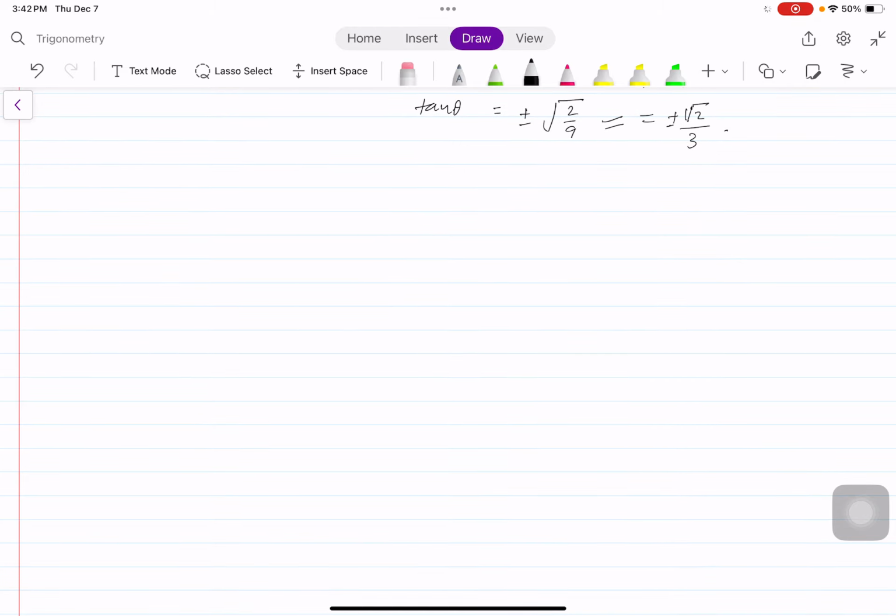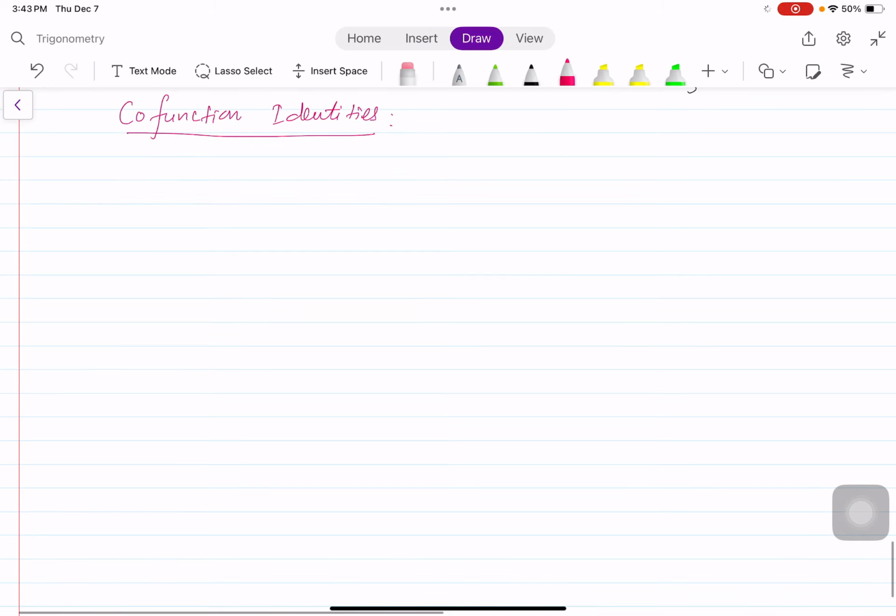Now next thing we are going to discuss is co-function identities. Another type of identities, co-function identities. Now this is also very important because when you know the value of, for example, sine 45 degrees or sine 30 degrees, then you can also find some angle.